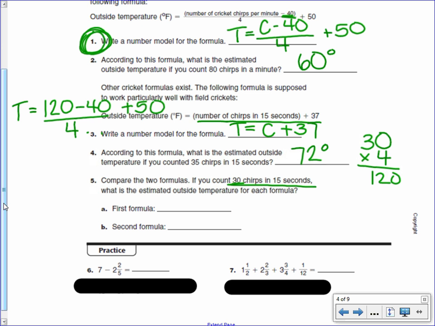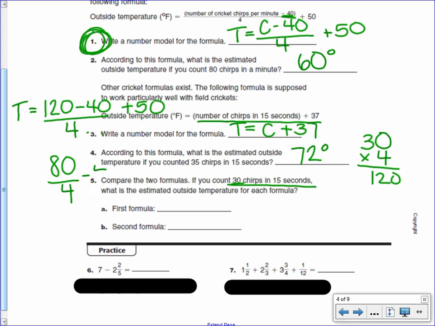Do the rest of the worksheet. Okay, so again, don't panic. It looks overwhelming, but it's not that bad. Take it in pieces. What's 120 minus 40? It is 80. If you need to do that on the side of your paper, that's okay. Okay, the rest of this stays the same.